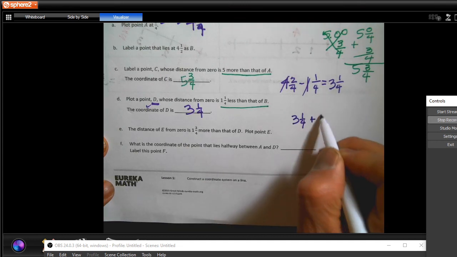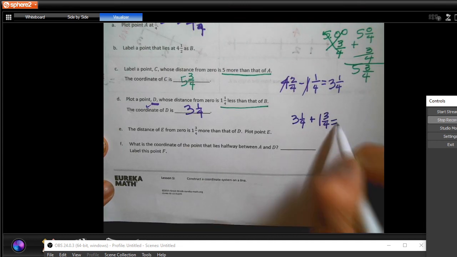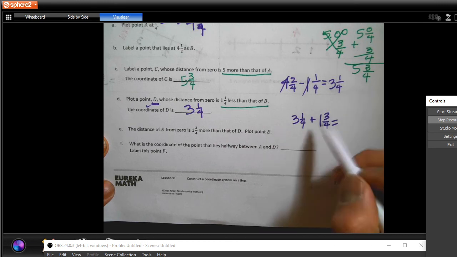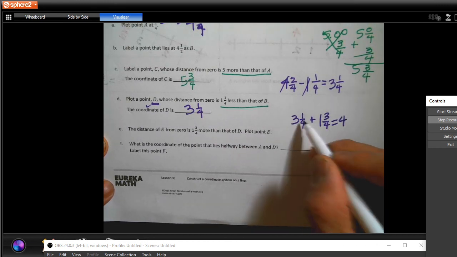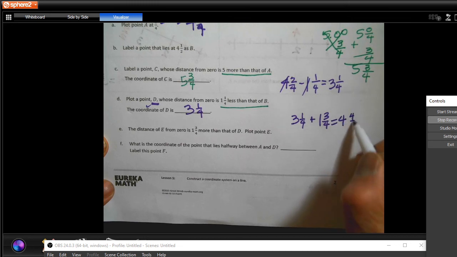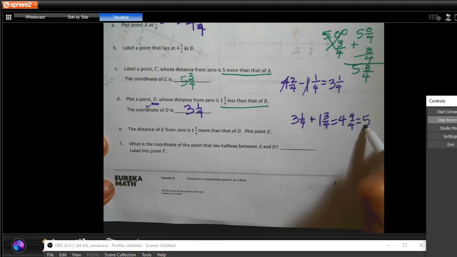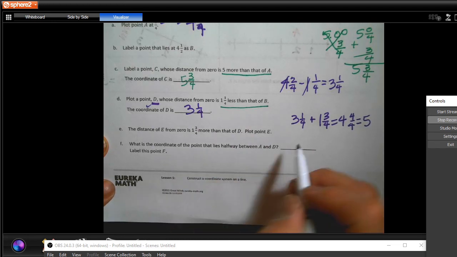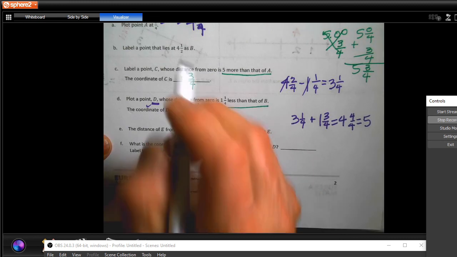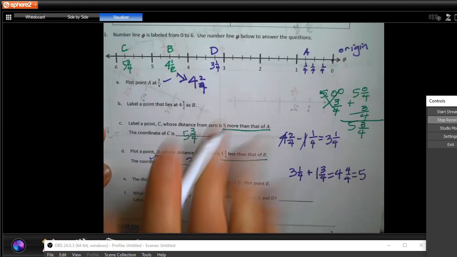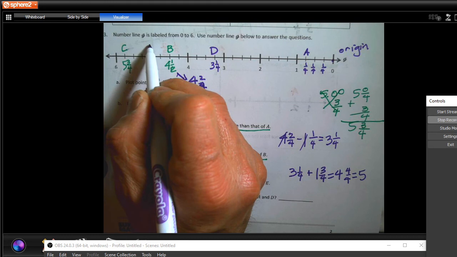So it's going to be 3 plus 1 equals 4, and 3/4 plus 1/4 equals 4/4. And when you add 4 plus 4/4 equals 5. So now we know that E is going to be on 5. So we're going to plot that on E. So that's going to be E right here.